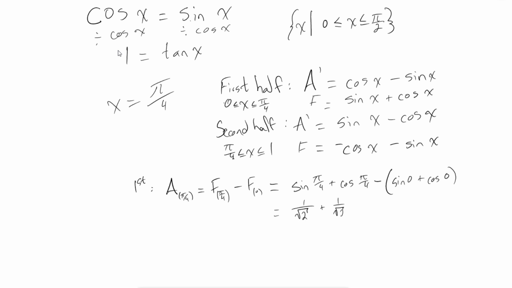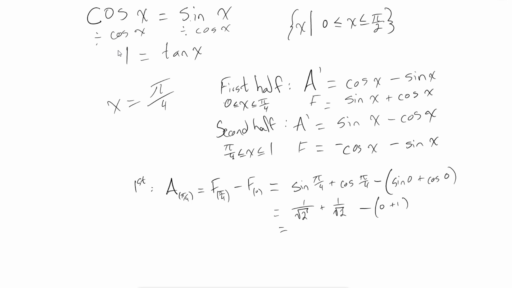So 1 over root 2, and sine of 0 is 0, and cos at 0 is 1. So that's minus 0 plus 1.